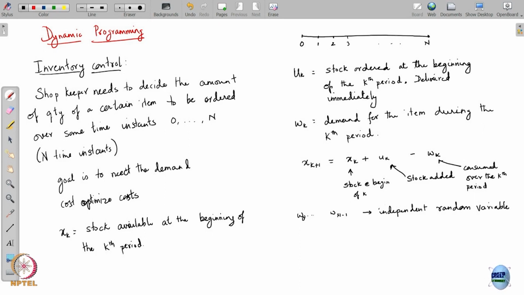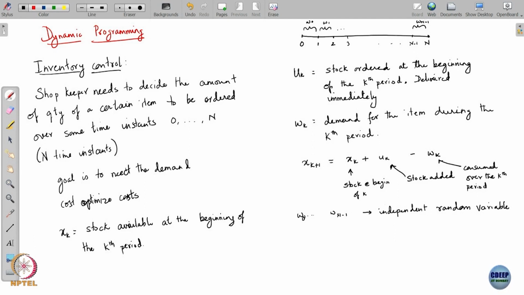The important thing here is that W k is going to be realized during the period k, right. So, W 0 gets realized in this period, W 1 gets realized here, etcetera, and W n minus 1 gets realized during the nth period, this last period here. Okay.